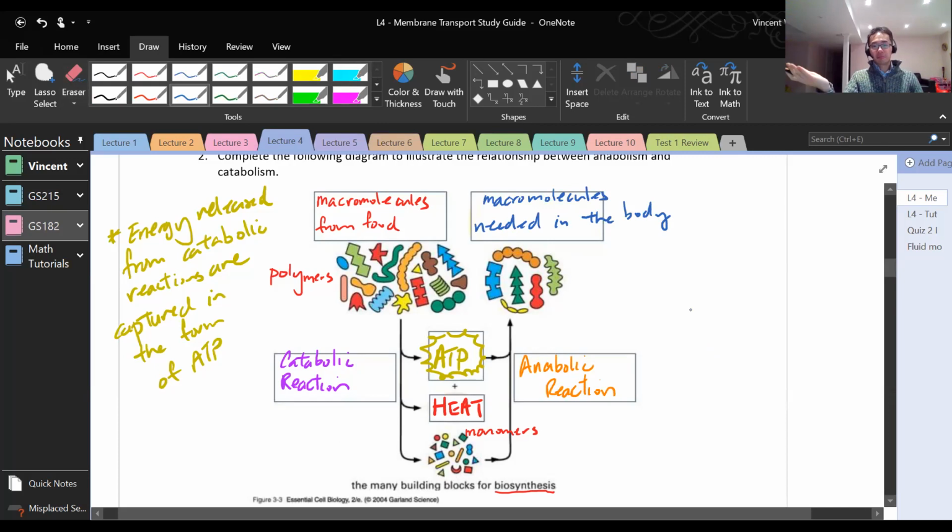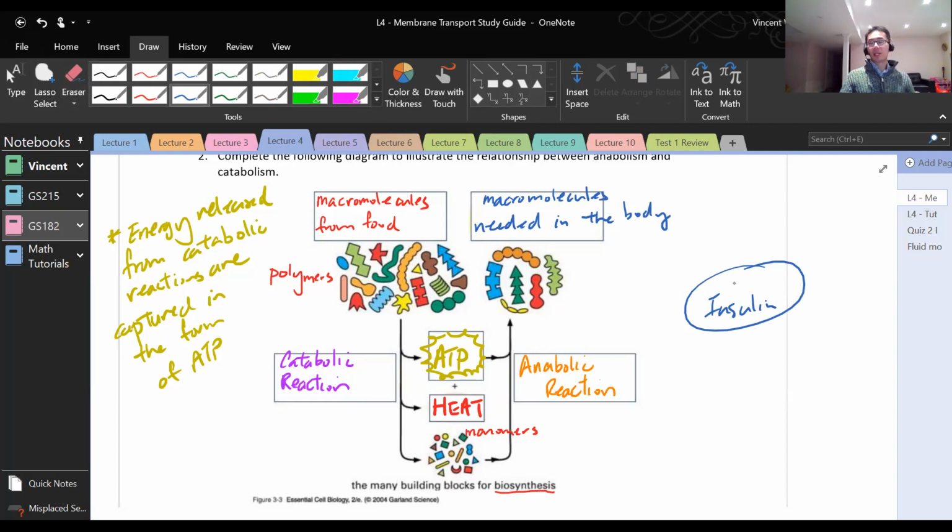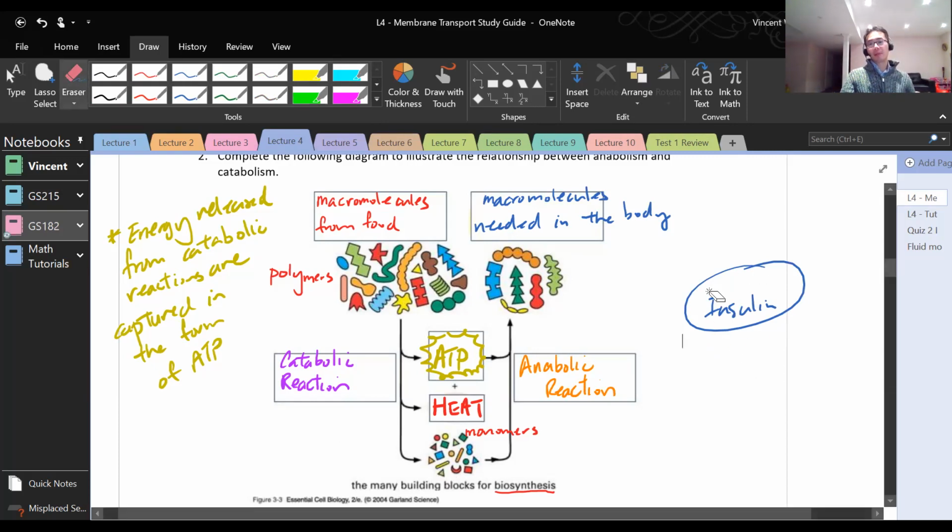Just as an example, we need to make insulin. Insulin is a protein hormone that helps us regulate blood sugar. It's a very important hormone. But how are we going to get the amino acids to build this insulin? We eat the food.